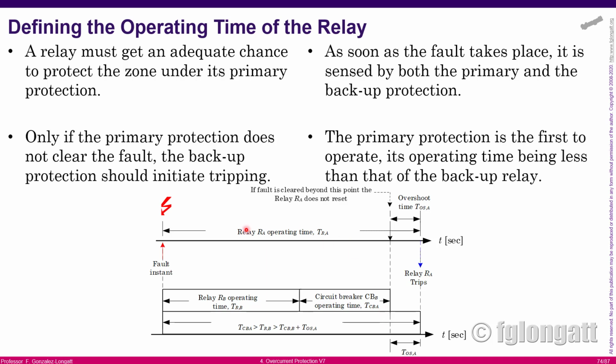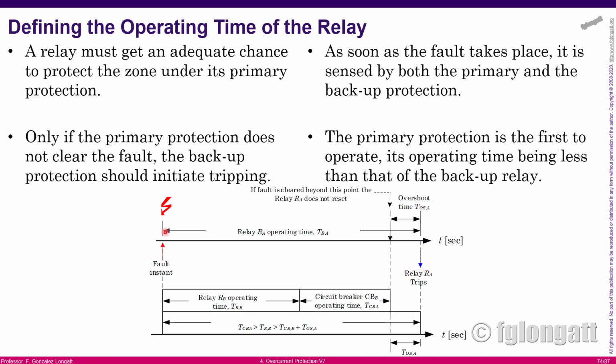Well, this relay must wait until the first relay operates, sends the signal, and stops the short circuit current between B and C. But if there is not a successful operation of circuit breaker B, then relay A must trip.